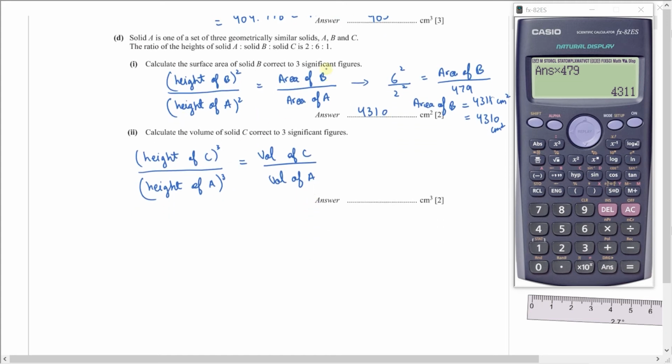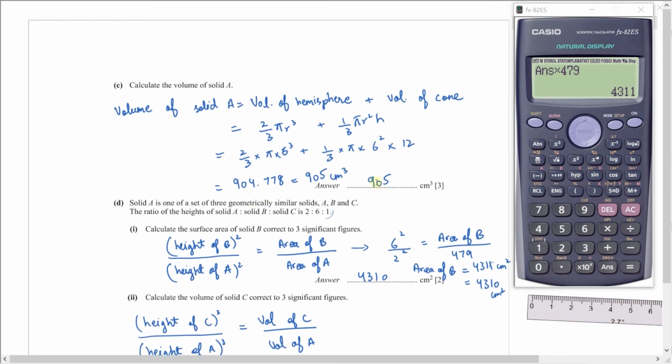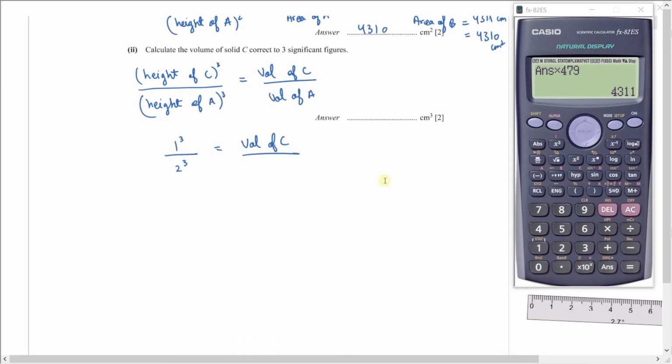So what is the height of C here? C is the last one, so 1. So this will be 1 cubed divided by height of A, the first one, which is 2, 2 cubed, equals volume of C divided by volume of A, that you calculated was 905. So I'll take this 905 there.